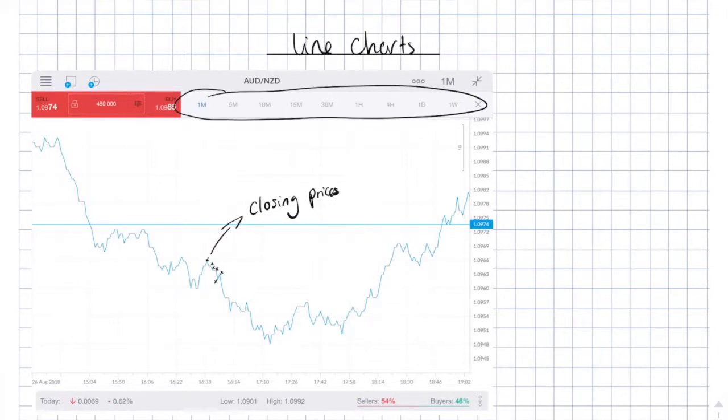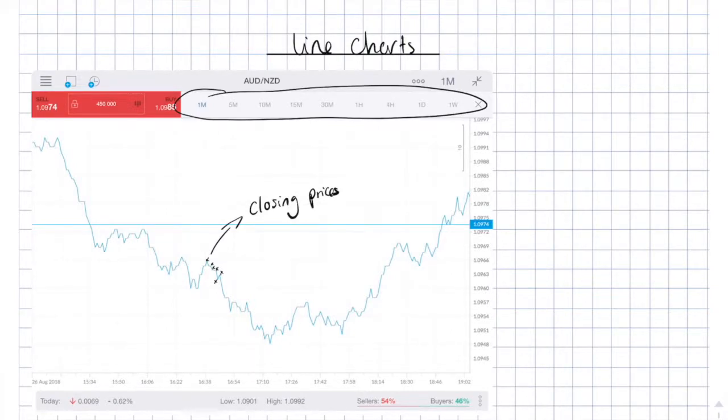But if we chose the 1 hour time frame, each vertex that I was talking about previously would represent 1 hour. So it would be the closing price at 5 p.m., 6 p.m., 7 p.m., as opposed to 5:01, 5:02, 5:03. And I hope you understand where I'm coming from there.